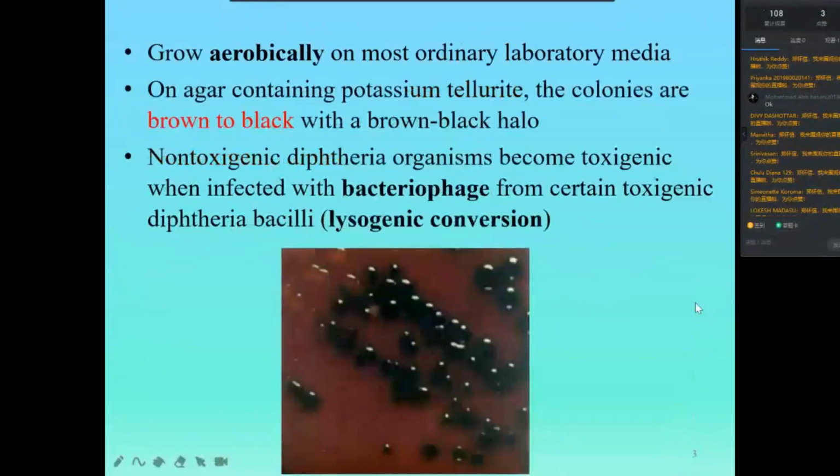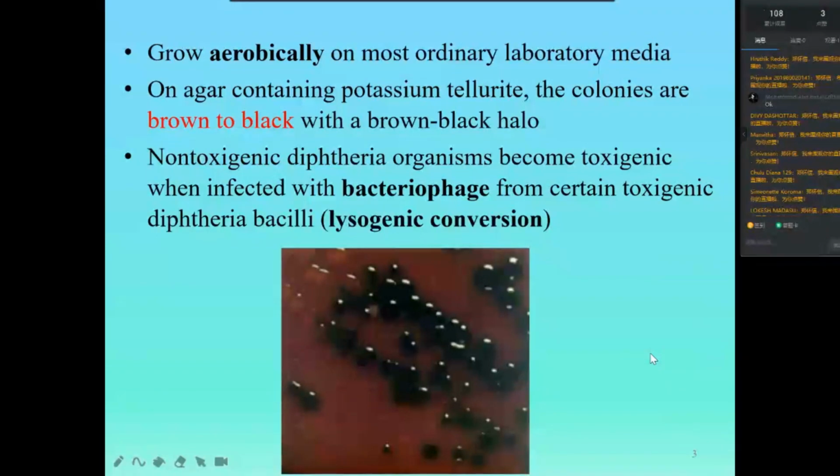And they grow aerobically on most ordinary media. So this one is not an anaerobic bacteria, it's an aerobic bacteria. They prefer the existence of oxygen.